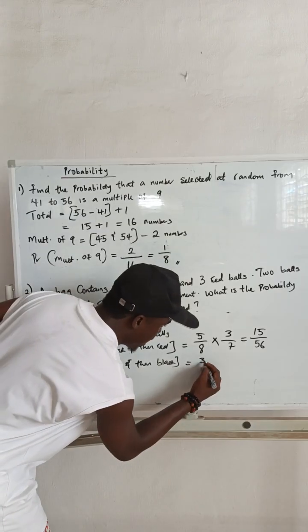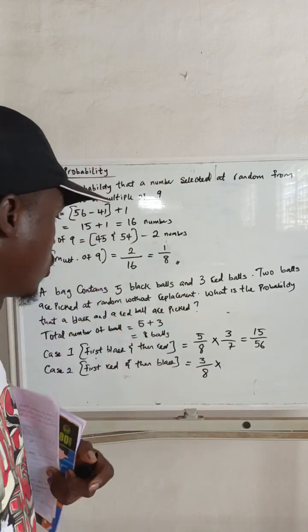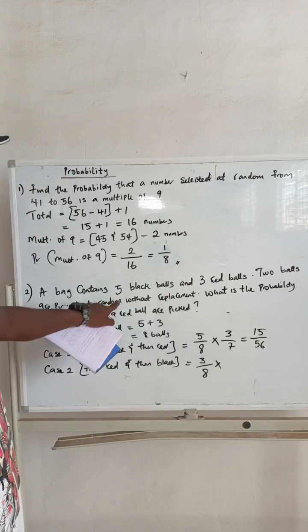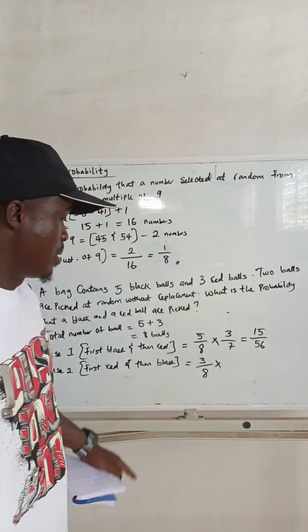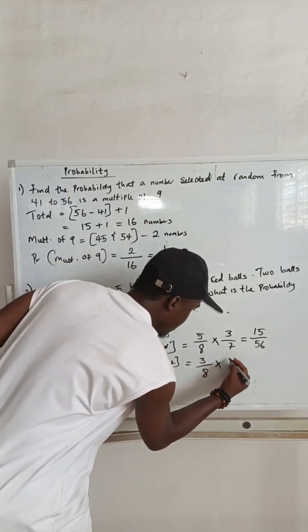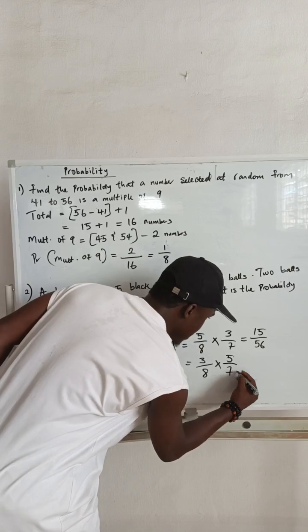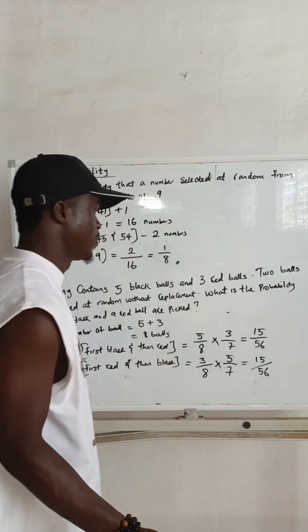This gives me 3/8 multiplied by, I told you that "and" means multiplication, then my black is 5. Now, it's the same logic as case 1. The balls are incomplete again because they have not been replaced. So this gives me 5/7, which is also 15/56. Now, this is for case 2.